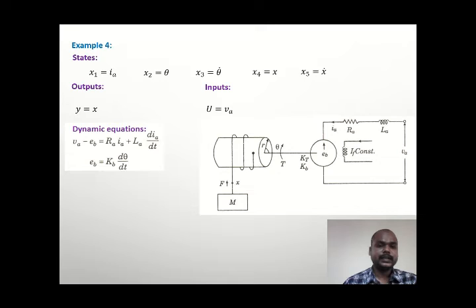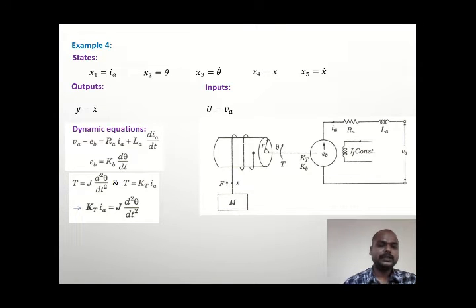So when we write the dynamic equations, then we can see here again with the help of this back EMF, this motor part of the equation will remain the same as in our previous case, and this torque which is getting transferred to the pulley from the shaft of the motor will be given by J d2 theta by dt square, and again this torque is obtained by the current produced in the motor armature.